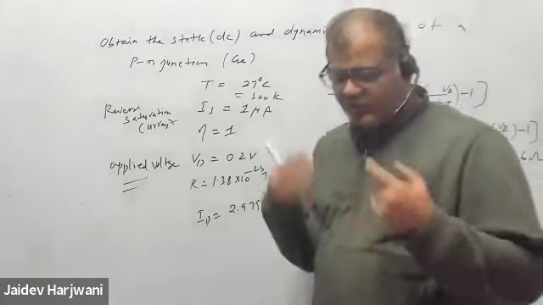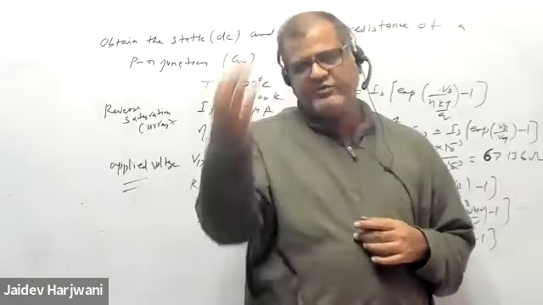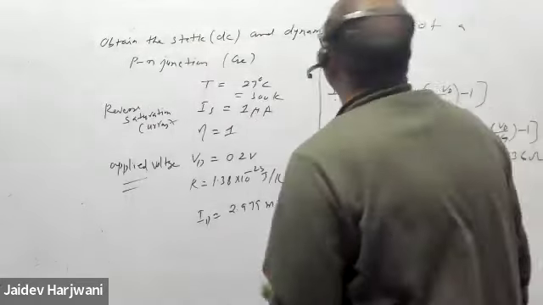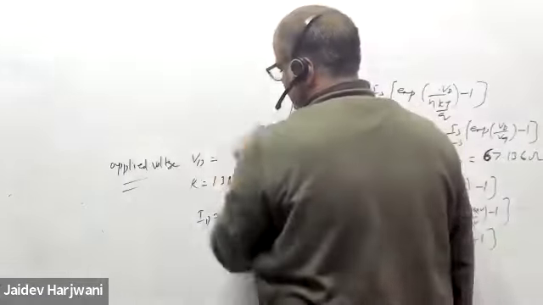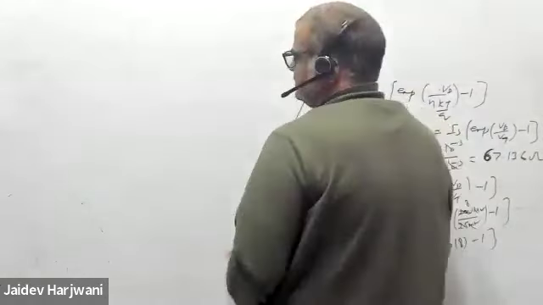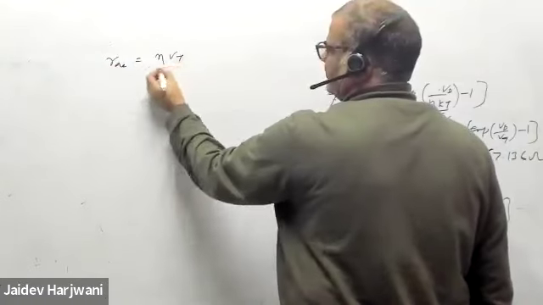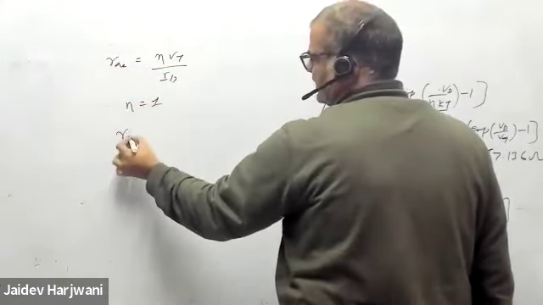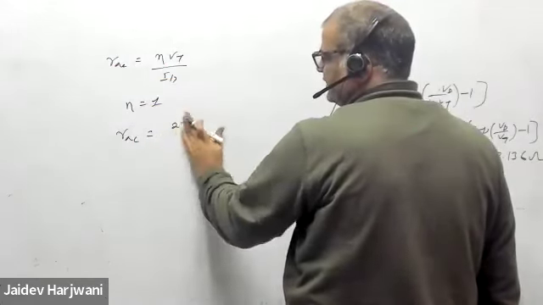For AC resistance you need DC first. Whenever you do small signal analysis, first you have to do DC analysis, then you have to do AC analysis. Now what is the AC resistance? R_AC equals eta VT upon ID. Eta is 1 here.